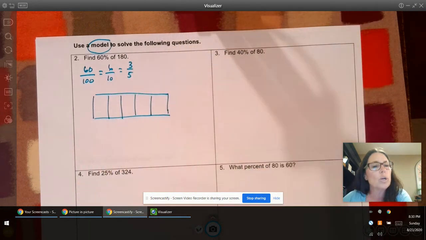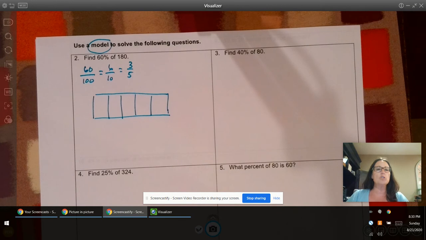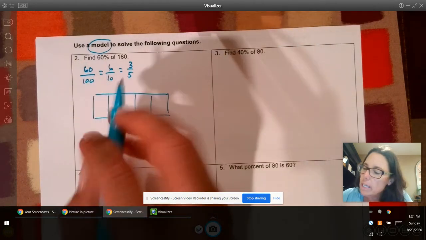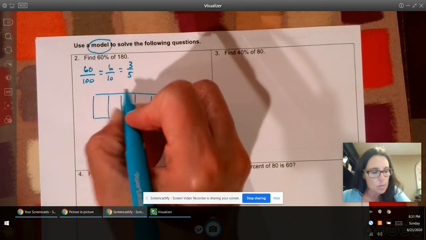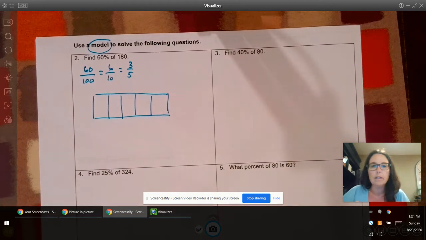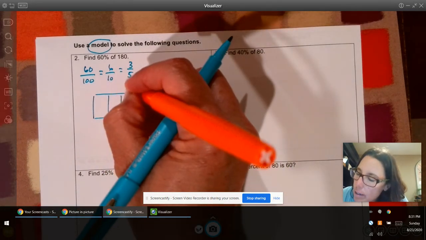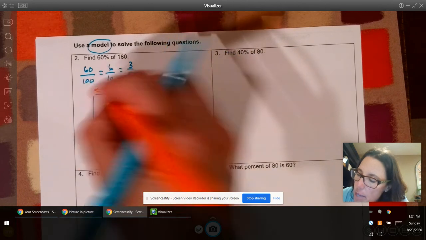And again, we're humans, but you want to try to make them as equally looking as possible. All right, so let's label up this bar model. So we know that this whole thing, let me get my orange pen here, we know that this whole thing is 100%.